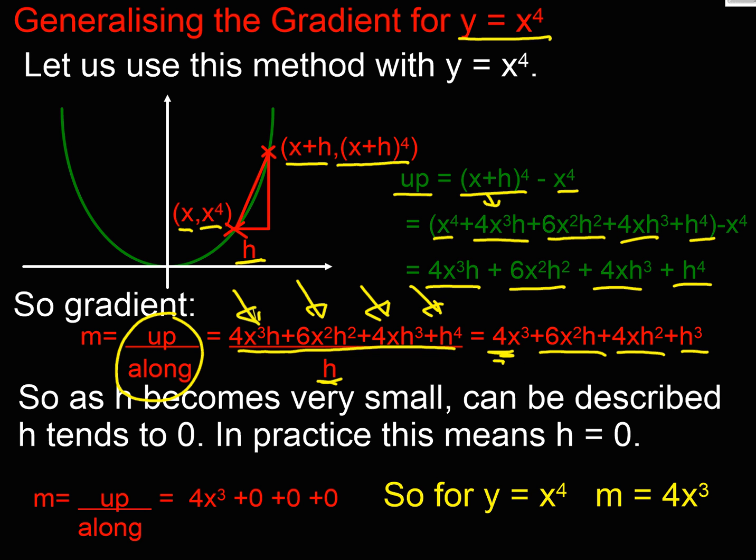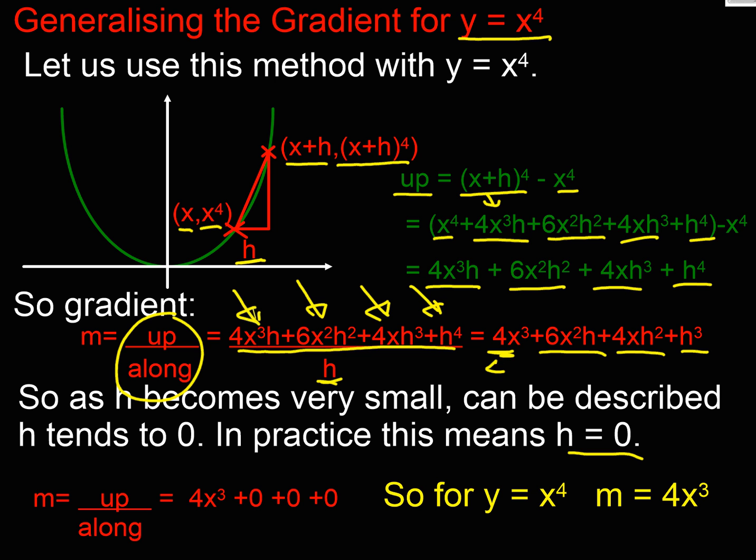And once again we've got one term which is not dependent on h, and all the other terms are dependent on h. So when we follow our logic of making the triangle very, very small, in practice h becomes 0. So what does that do to the expression?